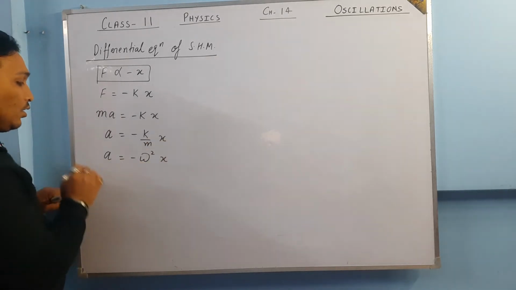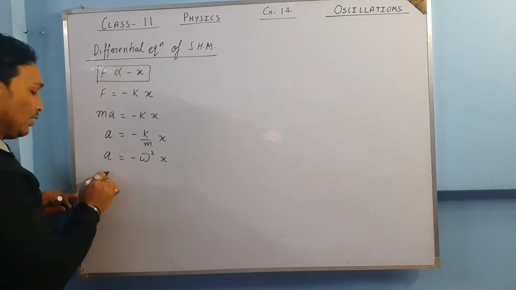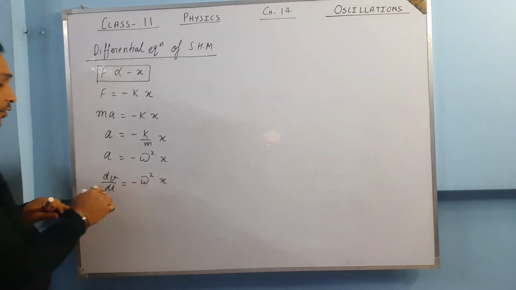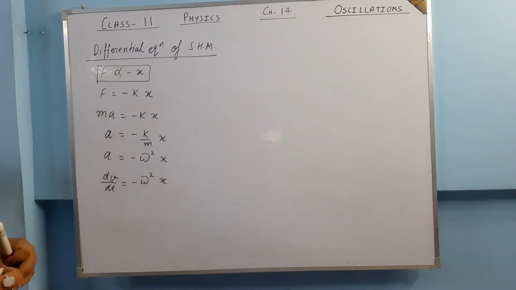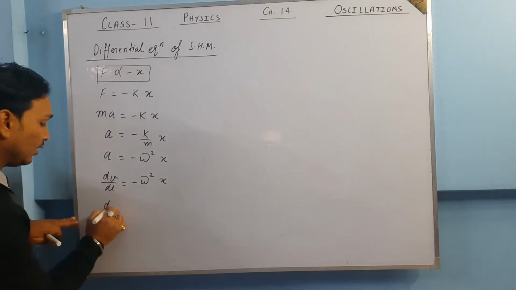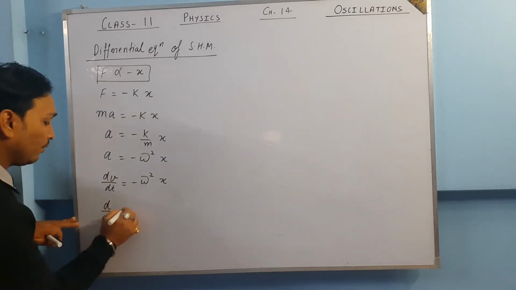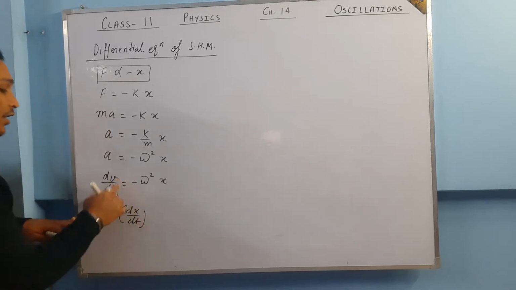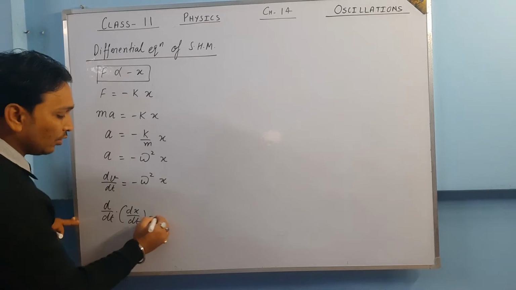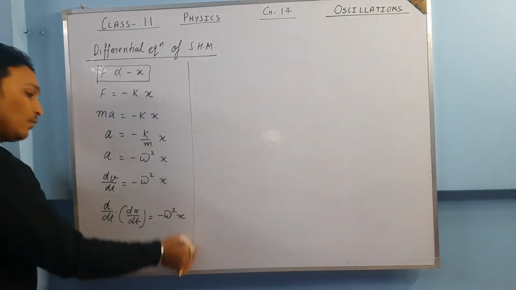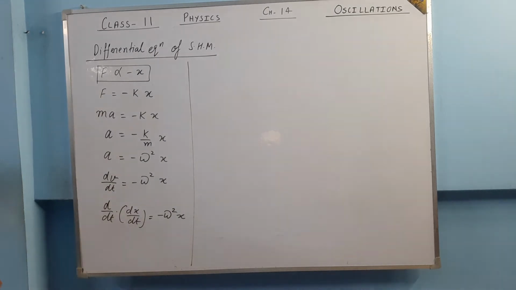Now this A can be written as dv upon dt is equal to minus omega square into x. dv upon dt, the rate of change of velocity, is equal to acceleration, and this velocity can be written as d upon dt of dx upon dt, because velocity is rate of change of displacement only. So it is equal to minus omega square into x. I hope till this point it is clear.